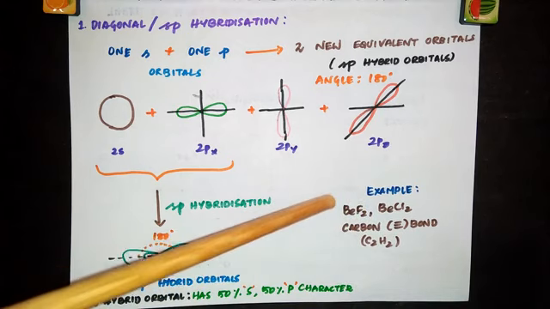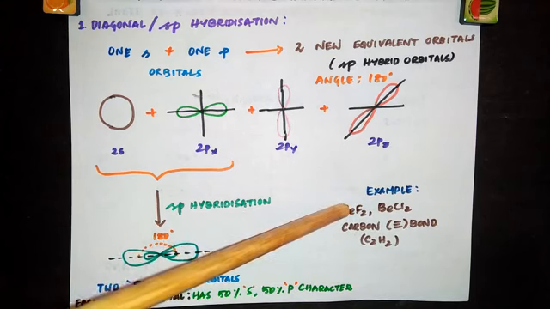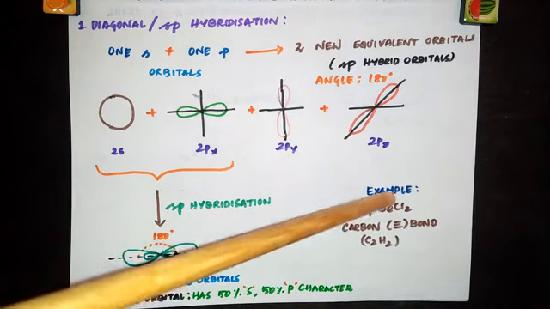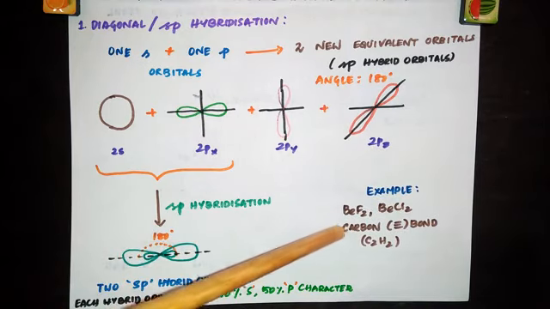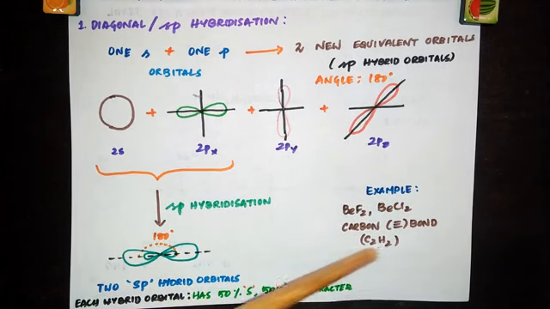BeF2, which means who is showing sp hybridization? Be. Beryllium is undergoing sp hybridization. Here also beryllium is undergoing sp hybridization in the compound BeCl2. In the same way, carbon will undergo sp hybridization. That can be seen in compounds having a carbon-carbon triple bond.